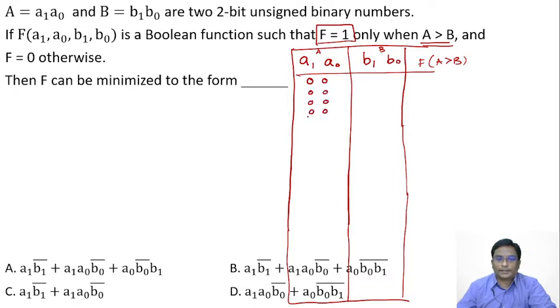Let us see. Here this can be 0, 0, this can be 0, 1, this can be 1, 0, this can be 1, 1. This is 4 combinations.